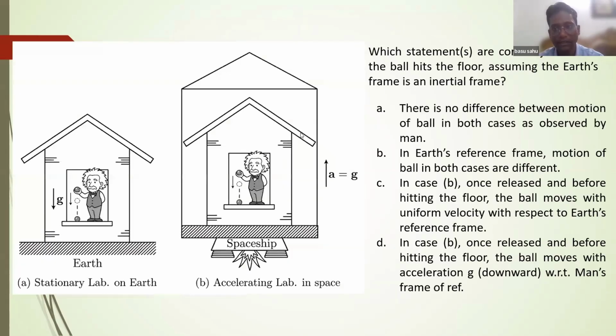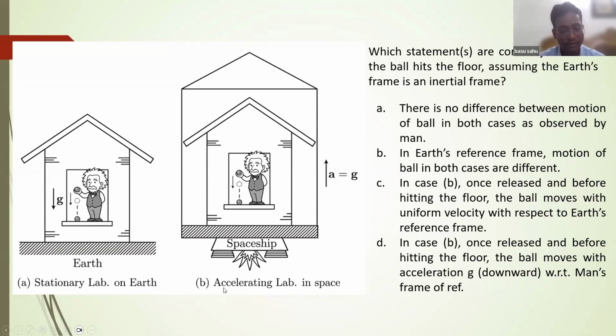Let us move ahead. This is the question. Please take a minute and answer it. There is an underlying assumption I want to convey here. This is a stationary lab frame on the Earth where Einstein is doing a theoretical experiment. Suppose I have a ball and I drop it, then the ball will drop.